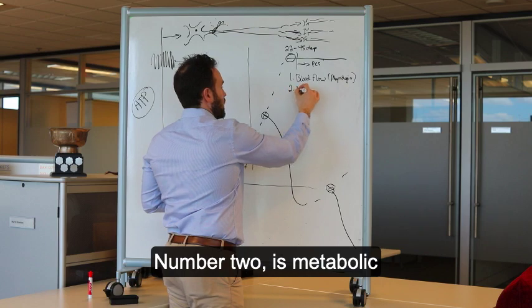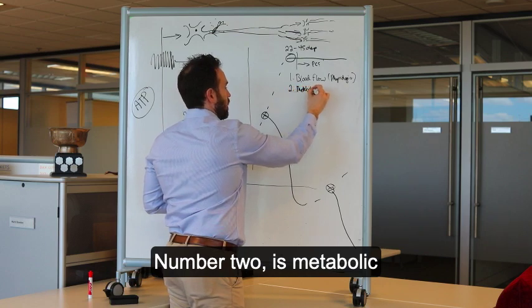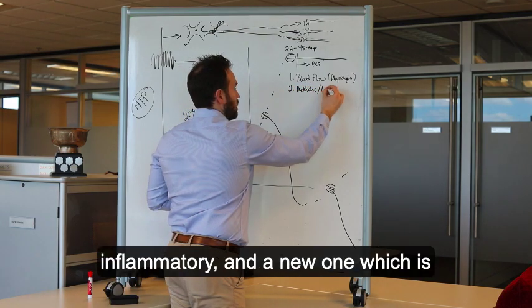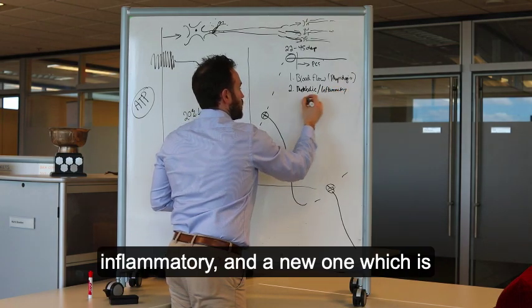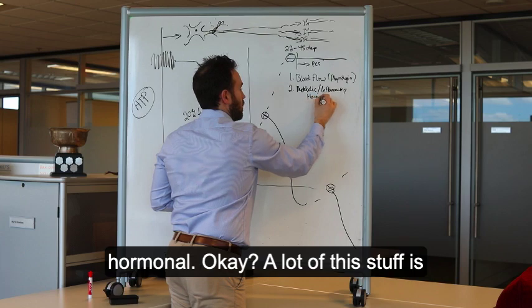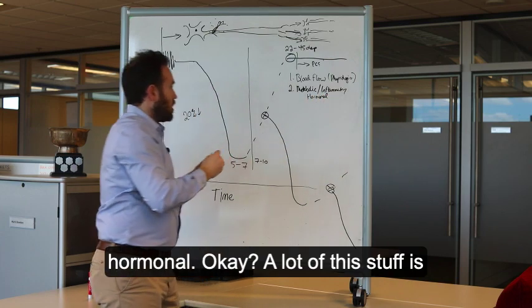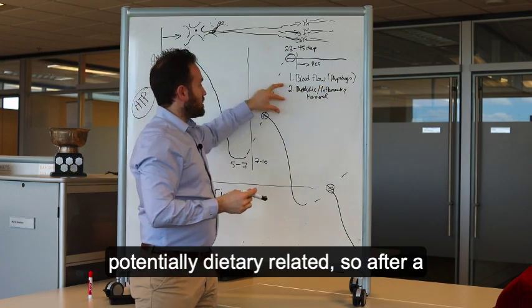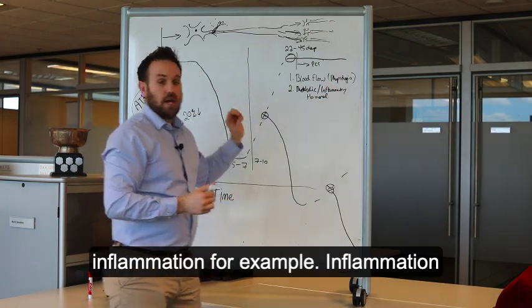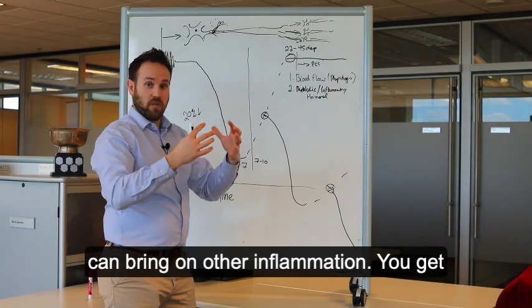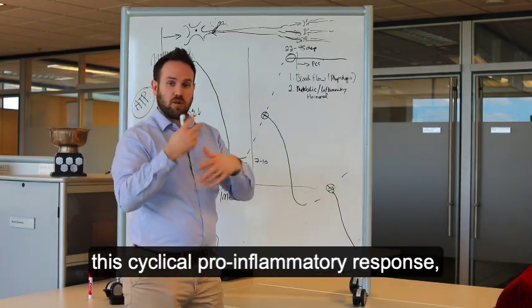Number 2 is metabolic, inflammatory, and a new one, which is hormonal. A lot of this is potentially dietary related. After a concussion, you're going to have inflammation, for example. Inflammation can bring on other inflammation. You get this cyclical pro-inflammatory response.